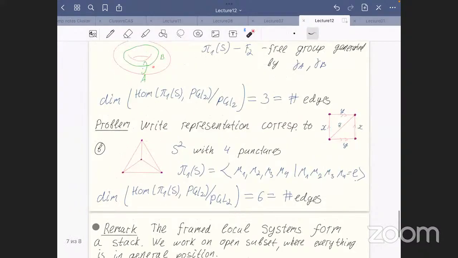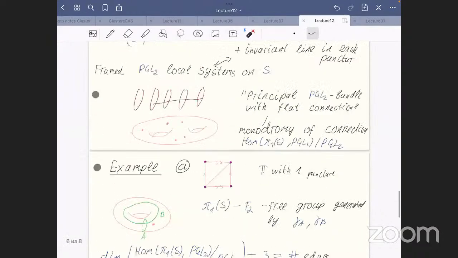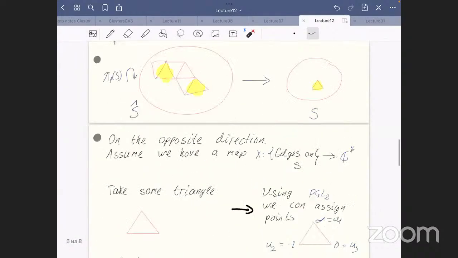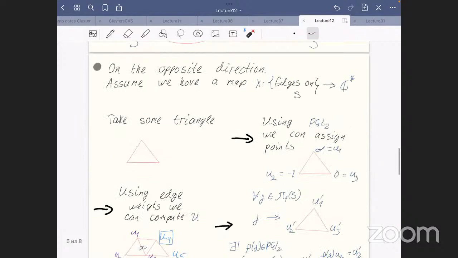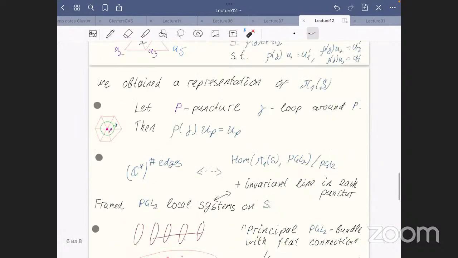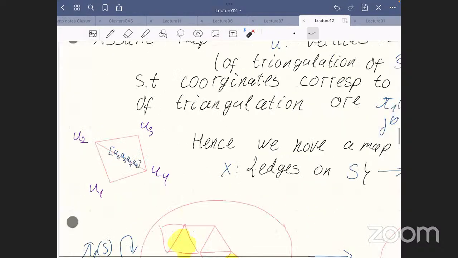For example, when I said that the map X maps to C star, I assume that some points are different when we compute this.